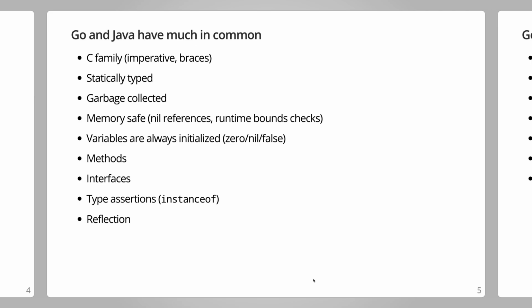So both languages have many things in common. They are C family. They come from the family that writes functions or methods using curly braces to demarcate the beginning and end of a function, which is different from Python, which has indentation-based scoping.